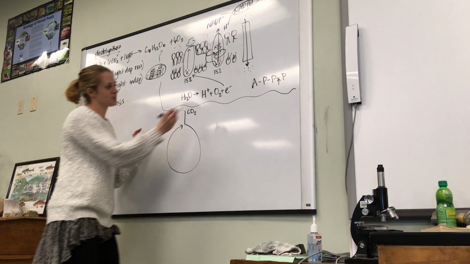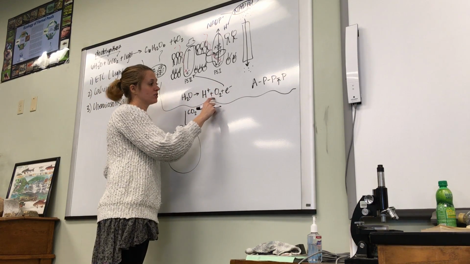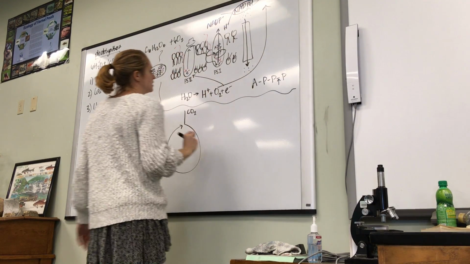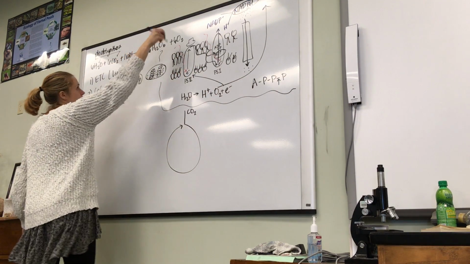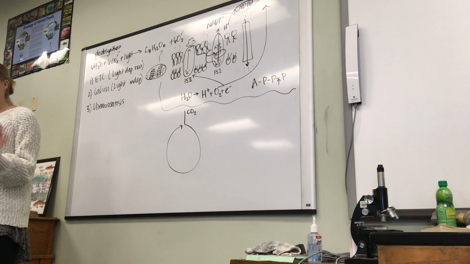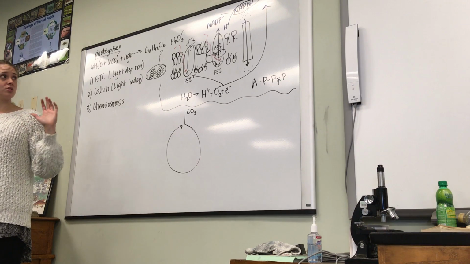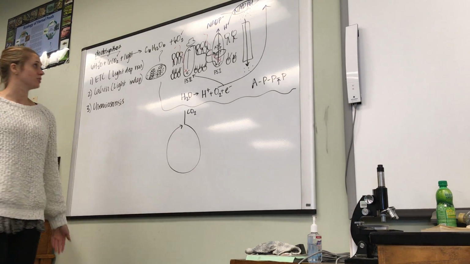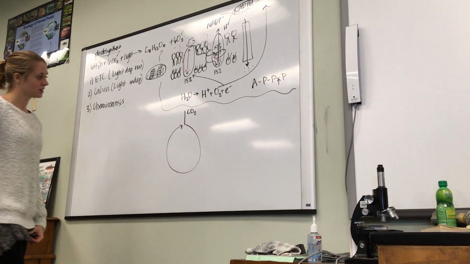Oh, and by the way, the oxygen from this water molecule that split can just diffuse straight out, which is where this comes from. Remember again, oxygen is nonpolar, simple, small. It can go right through simple diffusion and leave through the phospholipids.